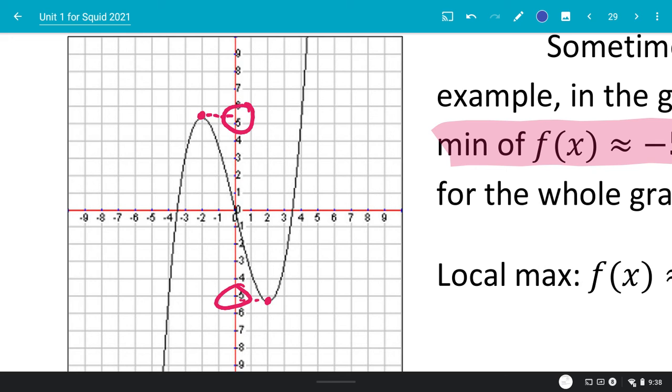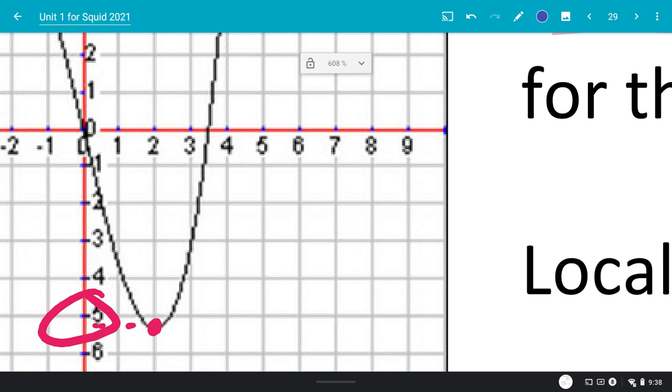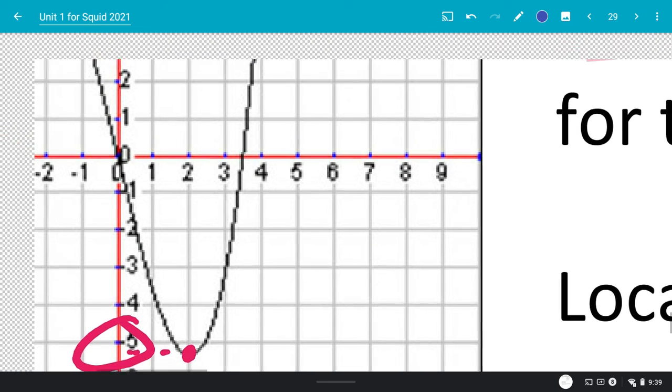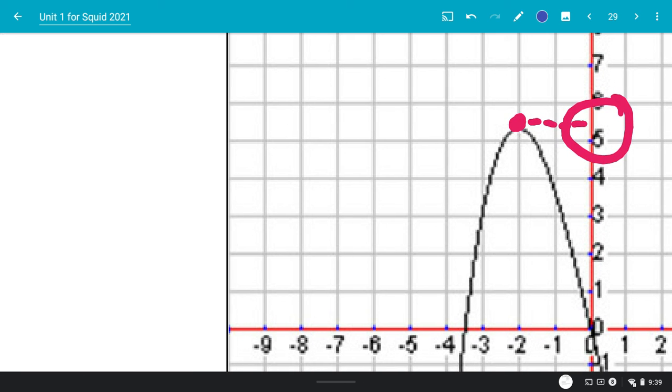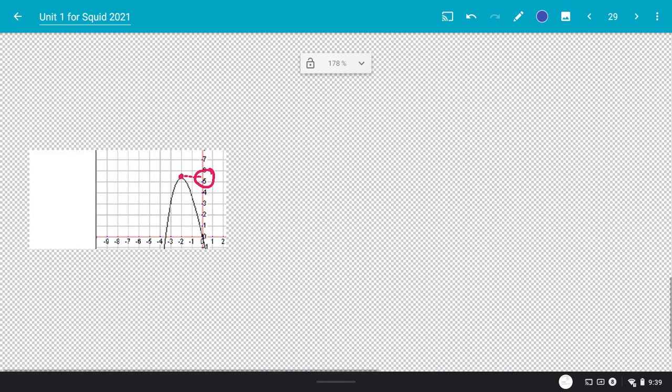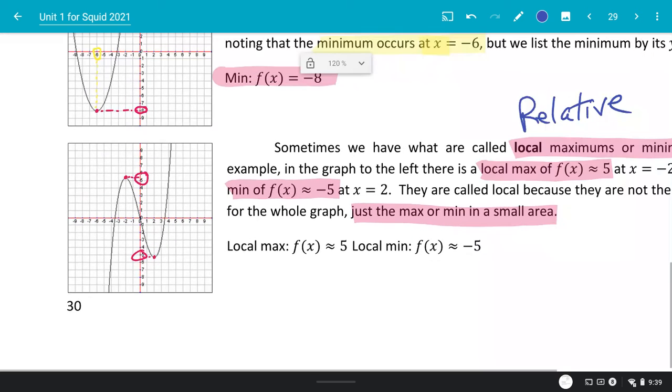Does it have a maximum or a minimum? Well, it doesn't have either. But if I zoomed in like this and that's all you could see, you would say, hey, that has a minimum, wouldn't you? And then if I moved over here and that's all you could see, you would say, hey, that has a maximum, wouldn't you? Those are called relative or local maximums and minimums. Are you with me? You've seen those before?